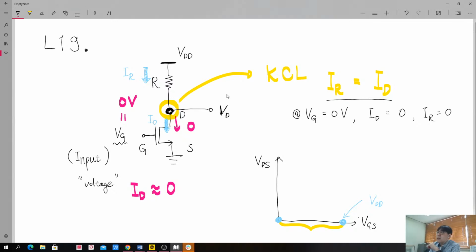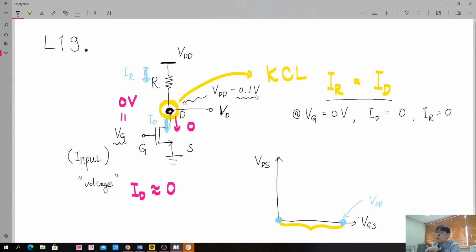If we have a voltage, for example VDD minus 0.1 volt, then this 0.1 volt difference will drive our resistor and there will be current. However, that is contradictory to the vanishing drain current condition. So it's not possible.